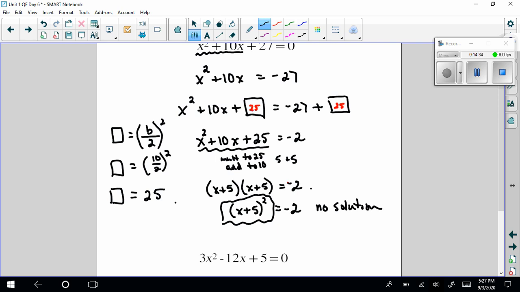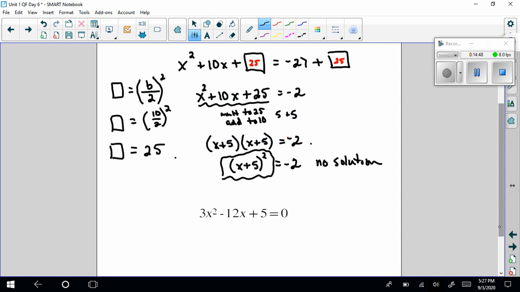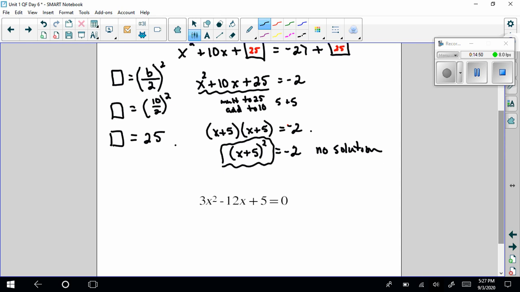So if I would have had a positive 4 over here, for instance, then I would have taken the square root of positive 4 and gotten plus or minus 2, and then subtracted 5 from both of those. So another situation with no solution.